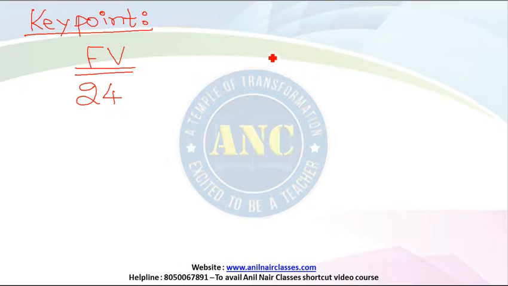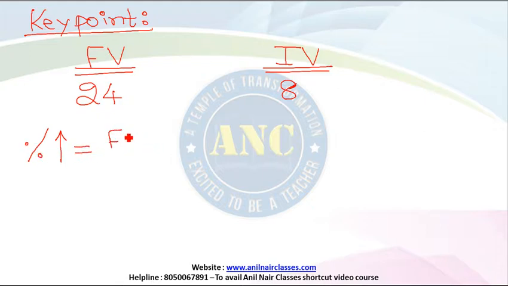Suppose finally I have 24 rupees in my pocket. Initially I had only 8 rupees in my pocket. Now 8 rupees I had initially, this 8 is becoming 24. That means there is an increase happening. How much increase is happening? 16. What is the increase in terms of percentage? Your textbook will give a formula: final minus initial by initial into 100%.